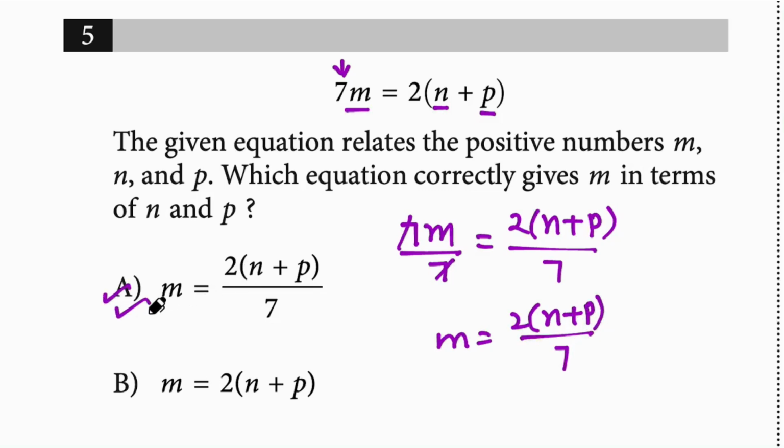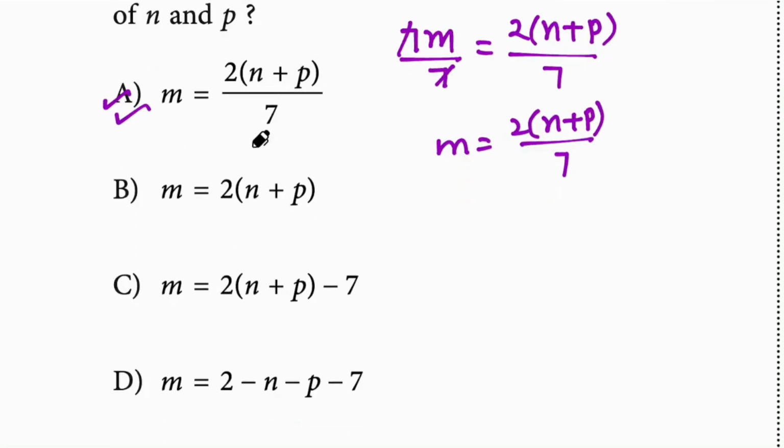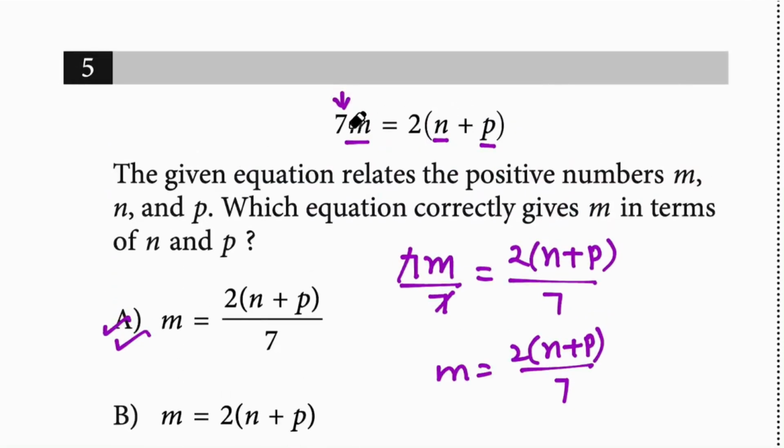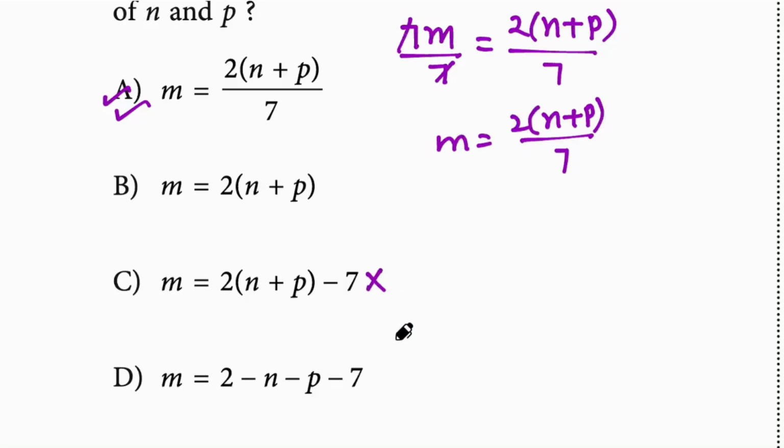So A is the right option. Now what this question is checking, because it's saying write n in terms of m and p, the 7 is deleted, which is not correct according to the given equation. Whatever is multiplied, if you want to delete that, you have to divide it by that number, and if it is subtracting, it's also not working, and this one is definitely not true. So A is the right option. Okay.